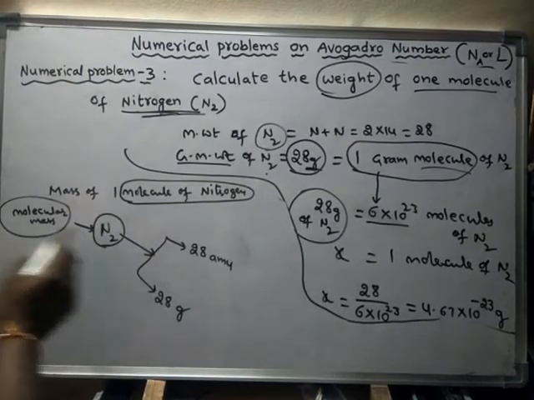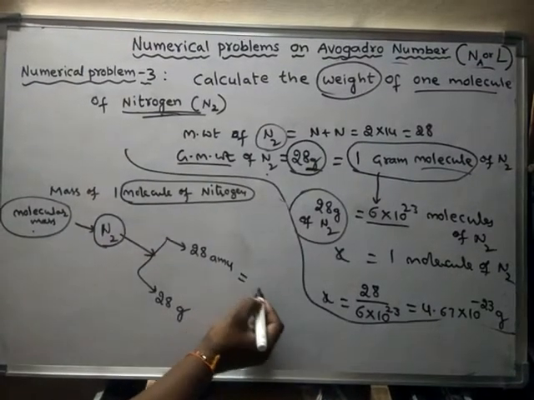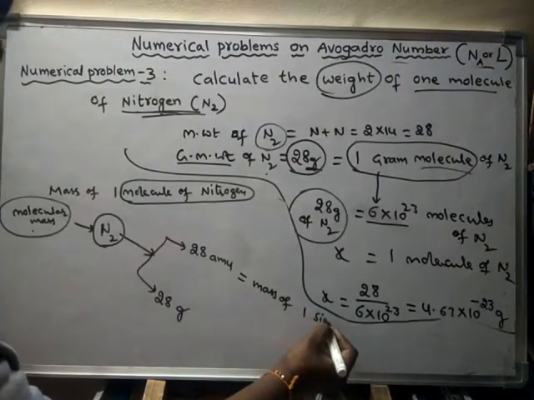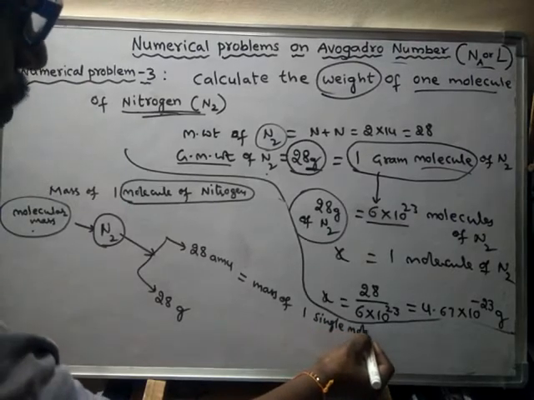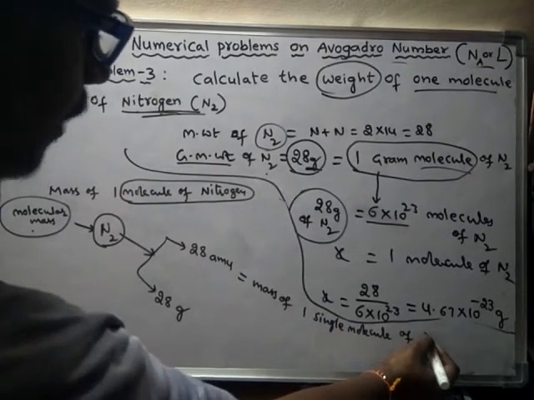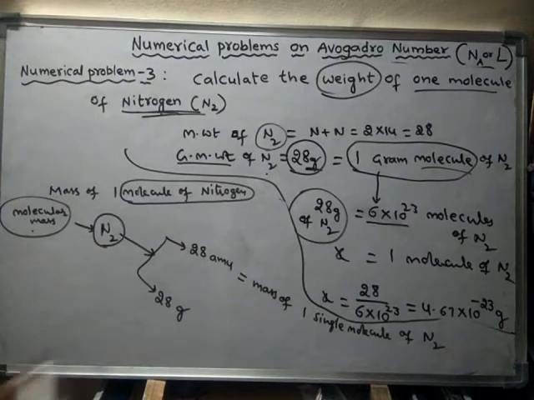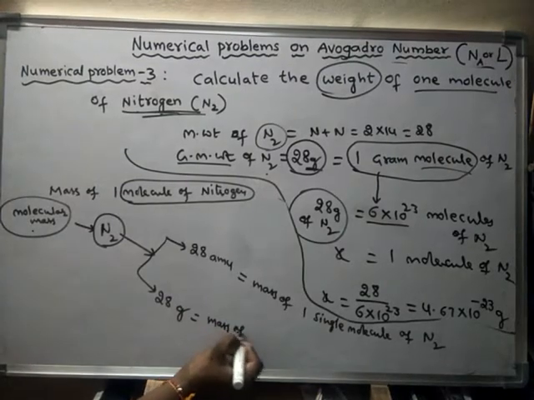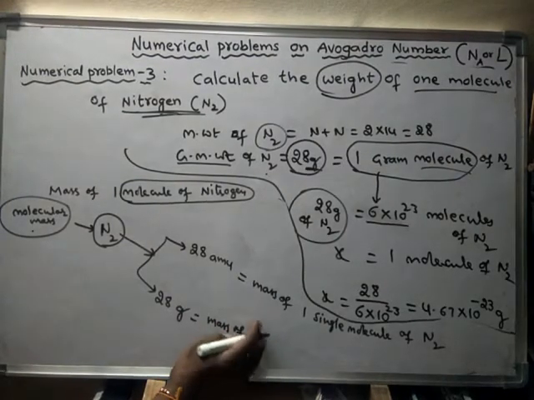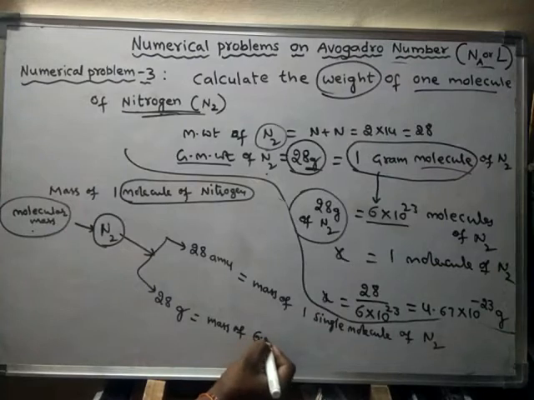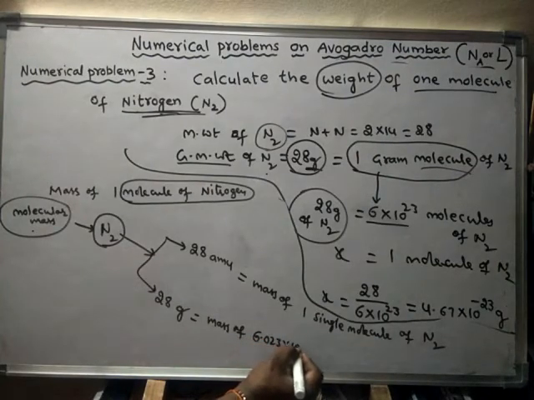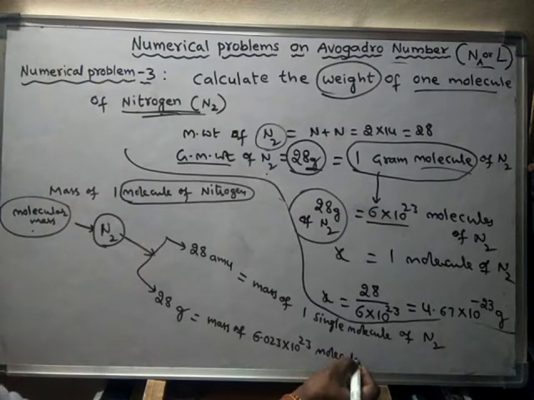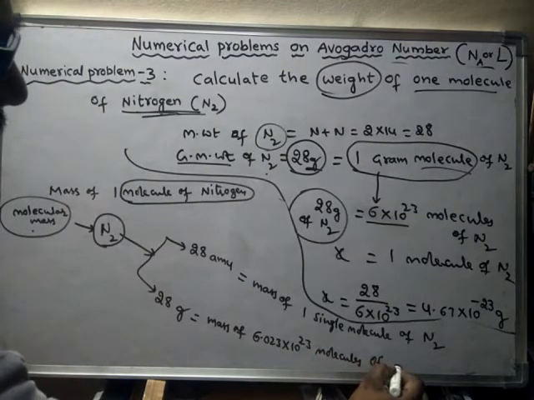So here it is related to a molecule, so it is equal to the mass of one single molecule of nitrogen. What is 28 grams then? It is equal to the mass of 6.023 into 10 to the power of 23 molecules of nitrogen.